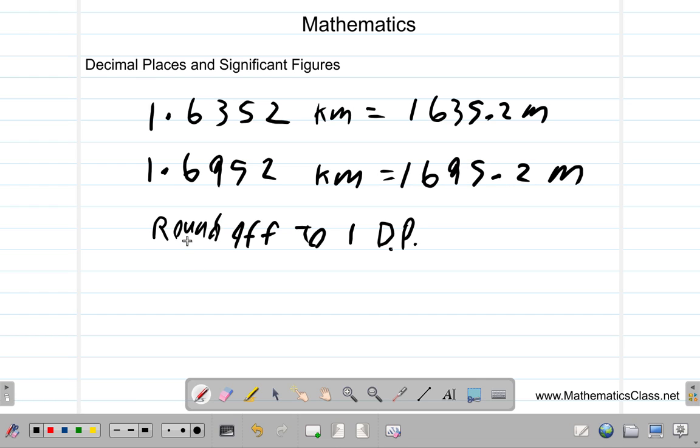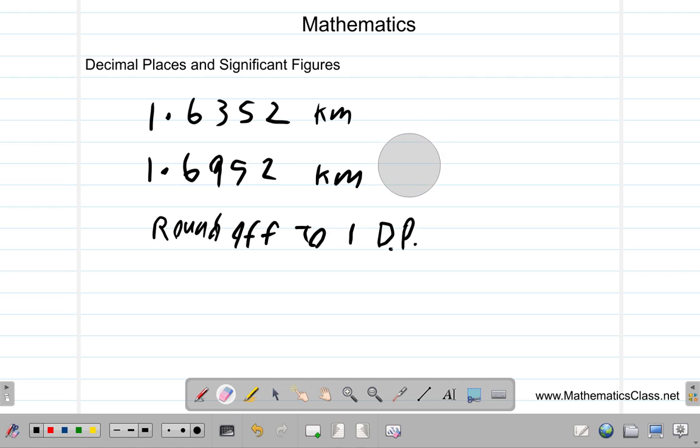We're dealing with the kilometers, not the meters yet. The kilometer is what you want to round off. To 1 dp, you write down all of the whole number, then the point, and then you start counting decimal places.